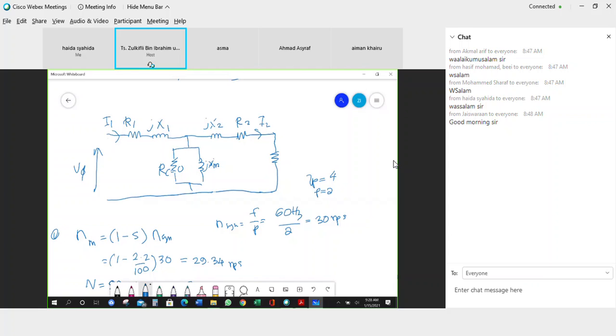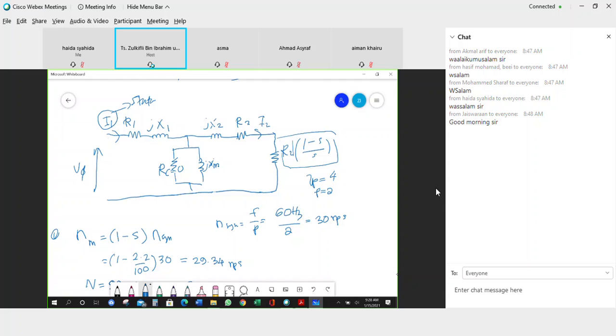When the motor runs at a certain speed, you need to include the slip in the equation. This is the copper loss due to the copper resistance. This is your I1, and I1 is your stator current.